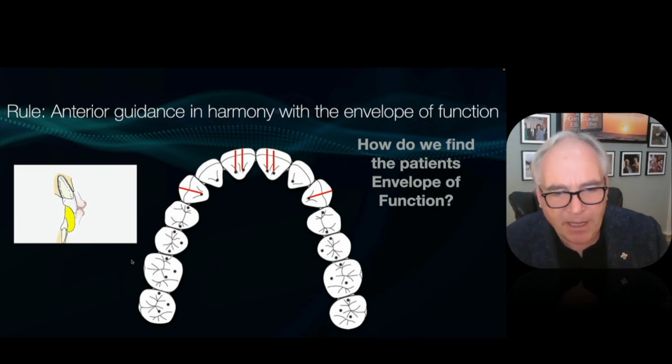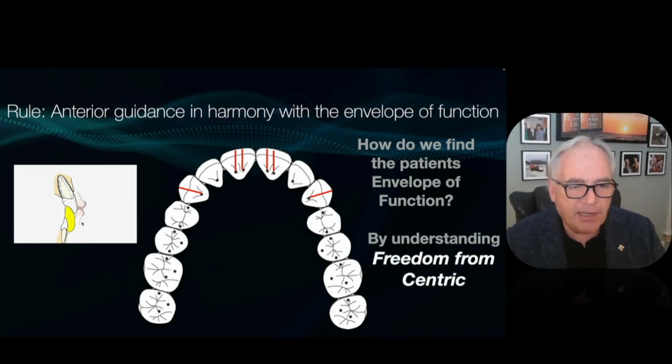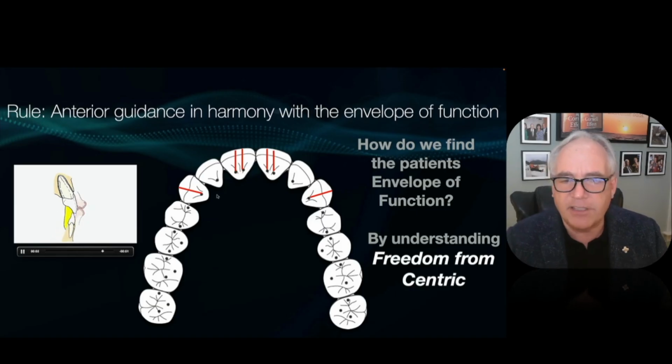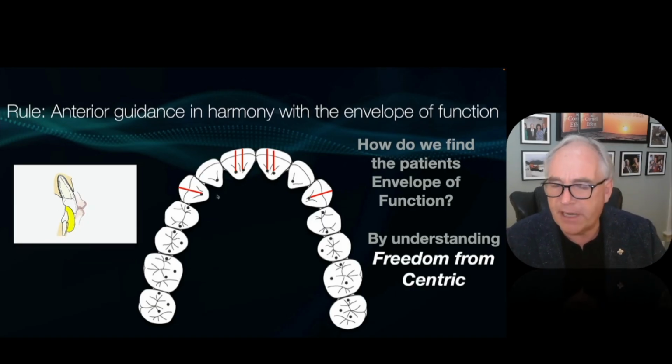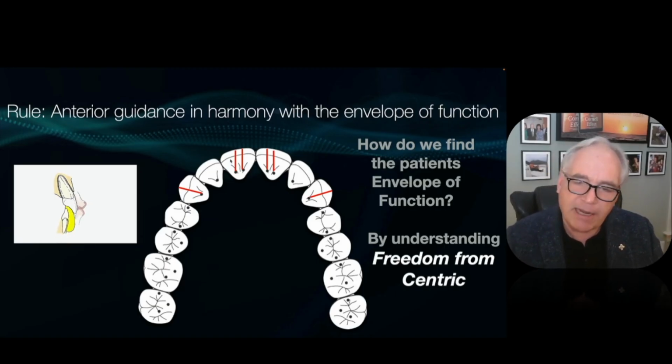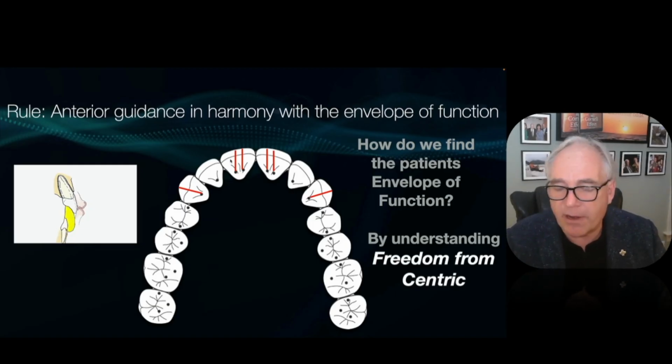The question then becomes, if this outside-in movement is a thing, how do we find this patient's envelope of function? And we find it by understanding the concept of the freedom from centric. And the deal is, in order to find out this outside-in movement, we're probably going to have some less expensive ways to manage this. Right now we have Mod Jaw and some of these other jaw tracking devices, which I personally think are really cool, but I'm just not sure they're worth it right now.